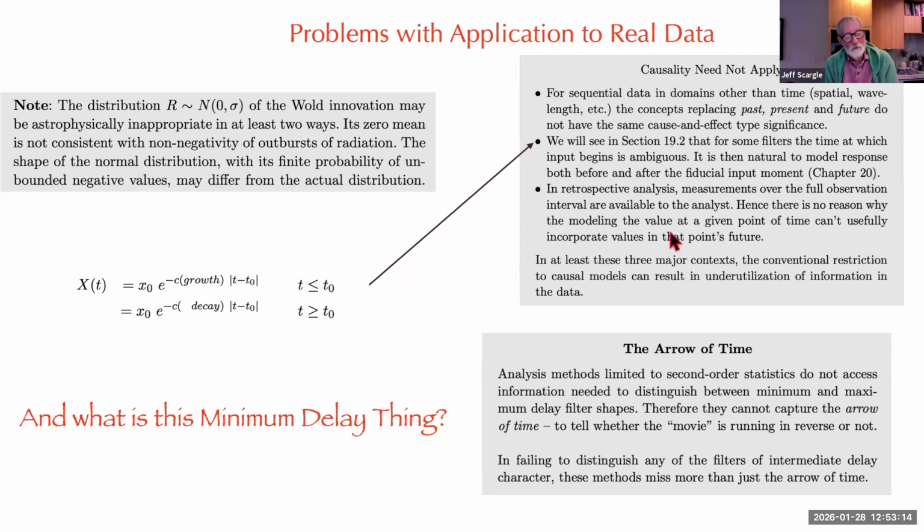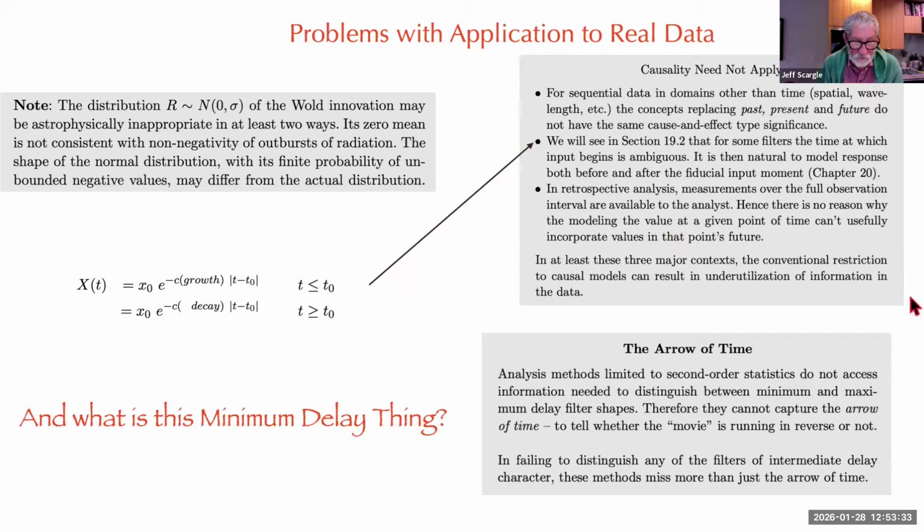If you're not using the future data at a given point to model it, as well as the past data at a given point, you're throwing away useful information about modeling that point. So in a whole bunch of different ways, causality is sort of suspect.